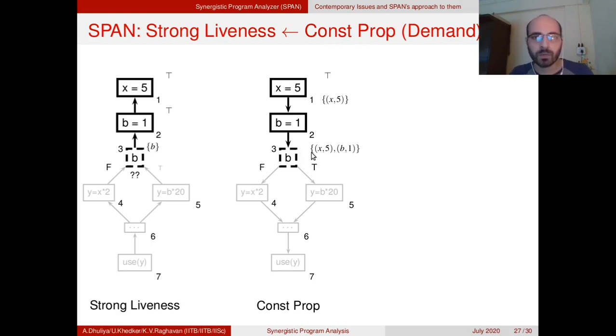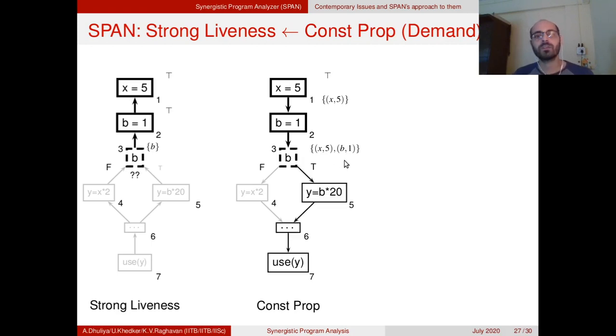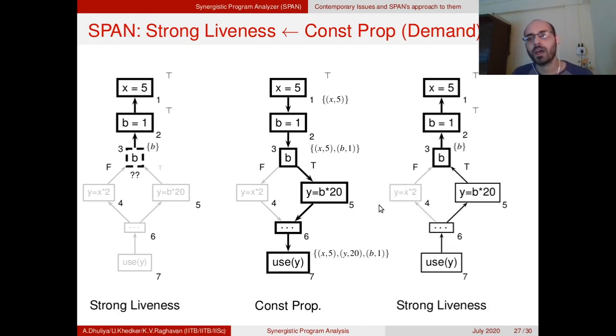So constant propagation finds that B is 1 at 3. Using this information, the system marks the true edge as feasible and the false remains infeasible. After 5, 6 and 7 are marked as feasible, constant propagation analyzes them and reaches a fixed point because there are no loops here. Liveness analysis then analyzes 7, 6, 5 and propagates the information back.